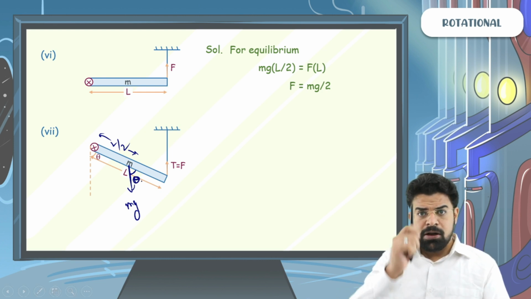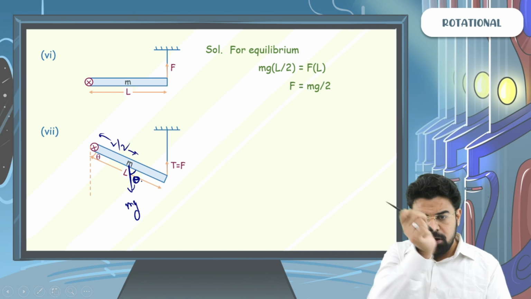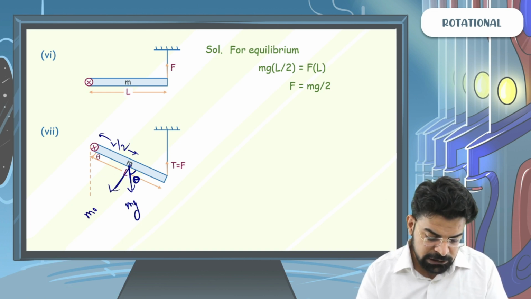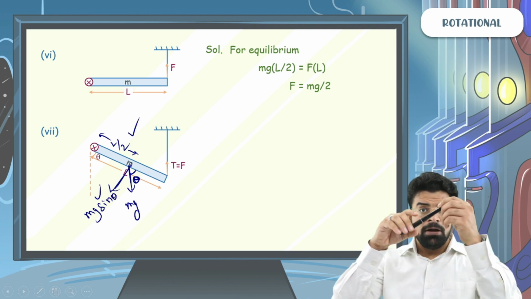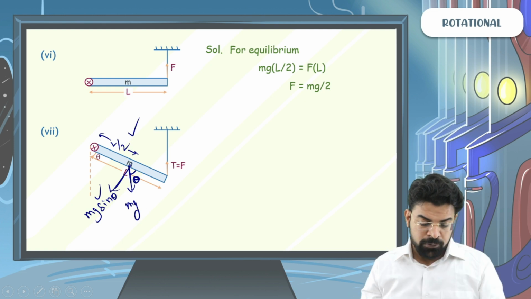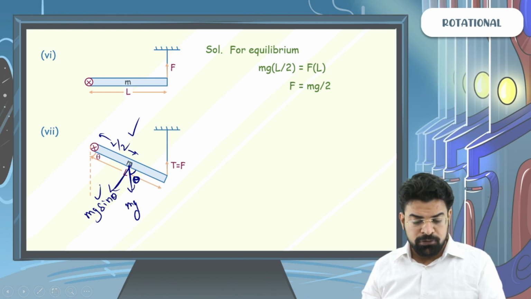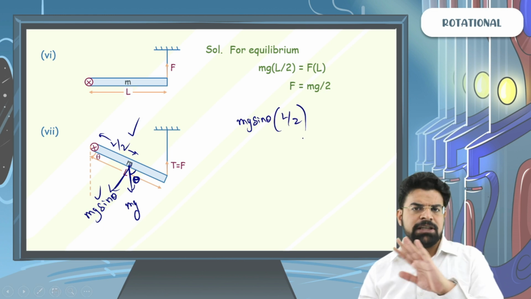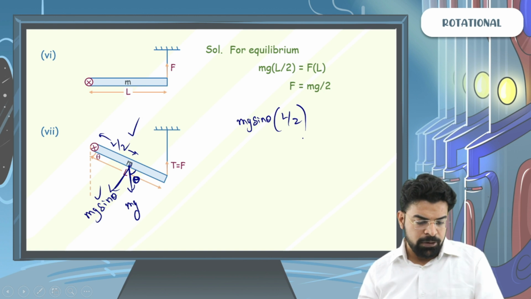The component of force of gravity that will try to turn the rod is mg sine theta. So the torque because of the force of gravity will be mg sine theta into L by 2, or L by 2 times mg sine theta, length times force perpendicular.